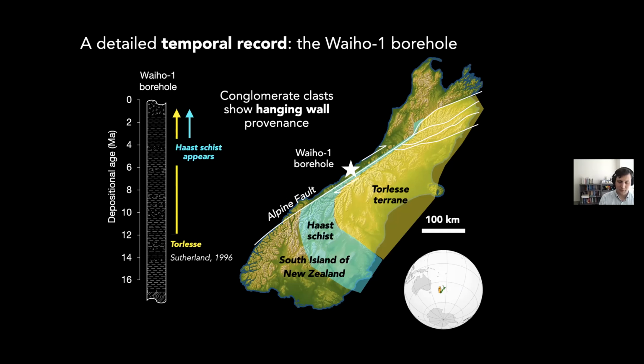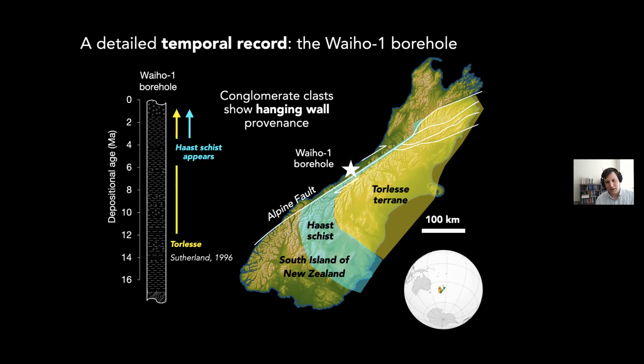If you're familiar with the terrains of New Zealand, this is the Torlesse terrain. It's a greywacke. There's a lot of greywackes in New Zealand, so it's tricky to distinguish exactly which greywacke it is, but the provenance analysis is pretty conclusive that most of the sediment was coming from the hanging wall and not from, for example, footwall blocks that may have been uplifted at that time.